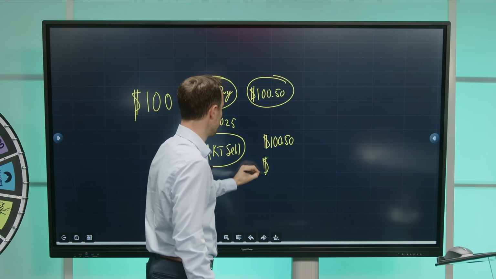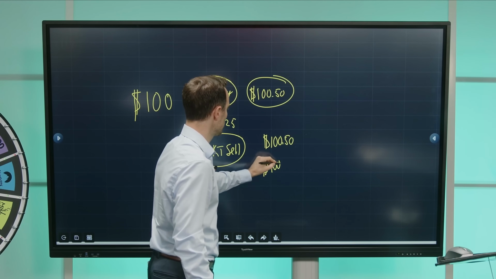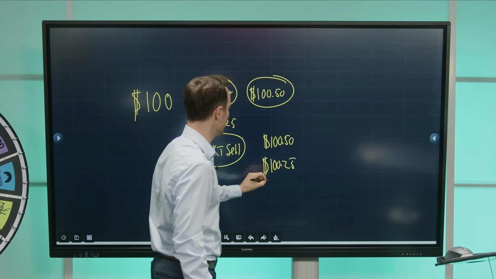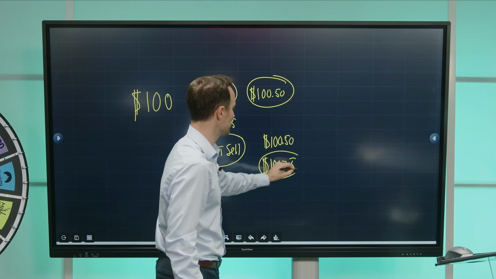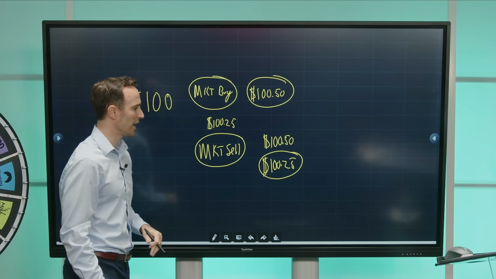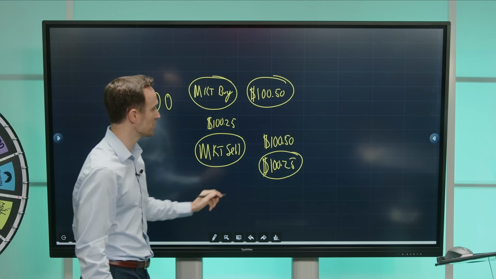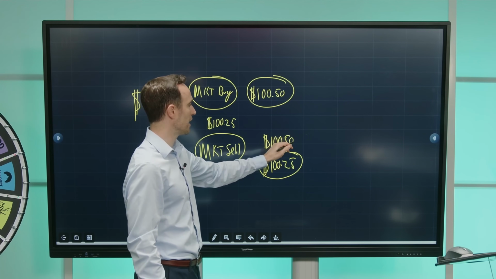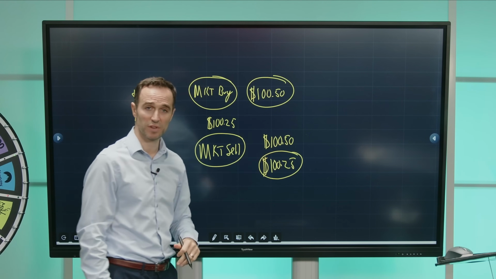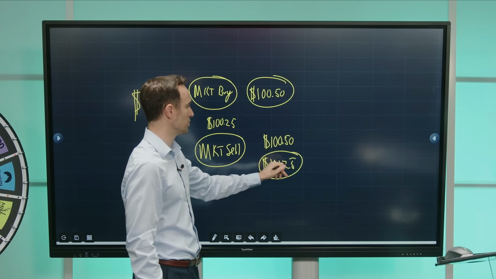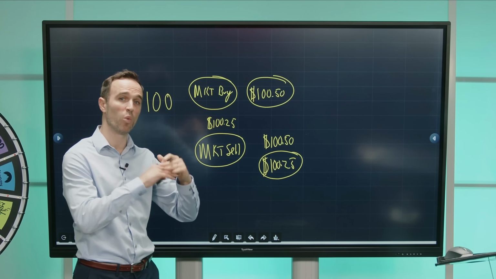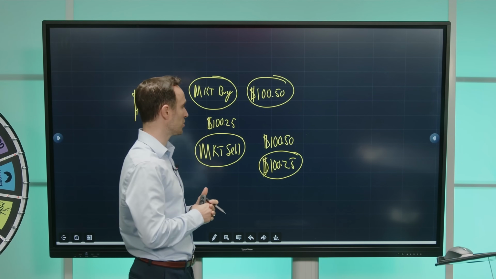Let's say that the bid price is $100.25. You get filled here at $100.25. But the price actually now is $100.50. Well, what happens is you get a 25-cent worse fill on your short position, okay?